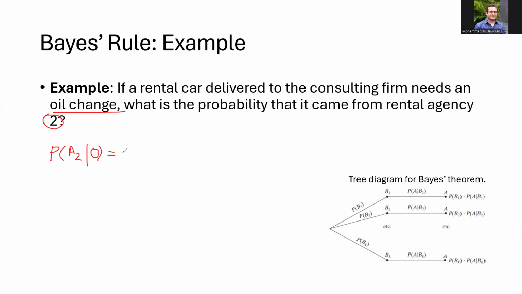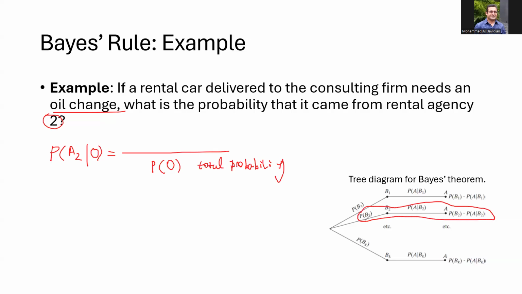That's simple. You remember that we computed the probability of oil change in the previous slides. That was the total probability. So the denominator is the total probability, and the numerator is just for the second branch. I'm just interested in the second branch.